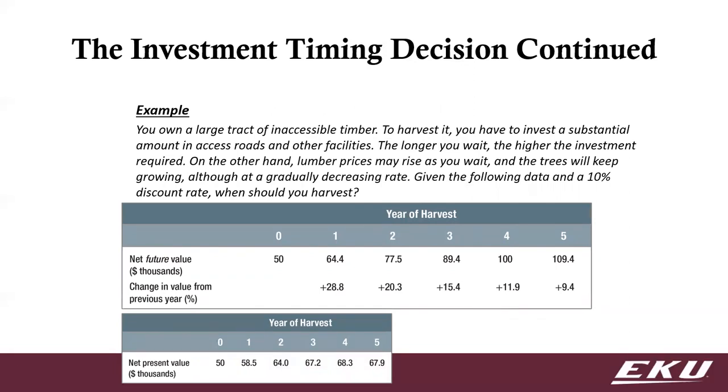So in this case, there's all this timber. You can imagine some large hillside covered with trees. There's an increased cost, this investment that's going to be required to build those roads, but the trees are also growing, right?